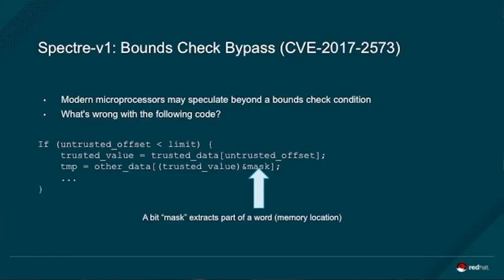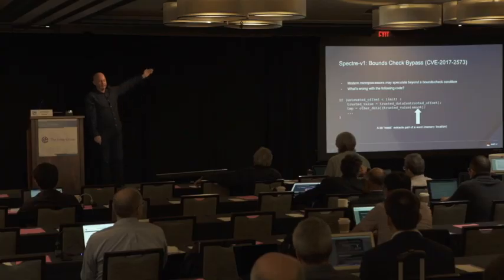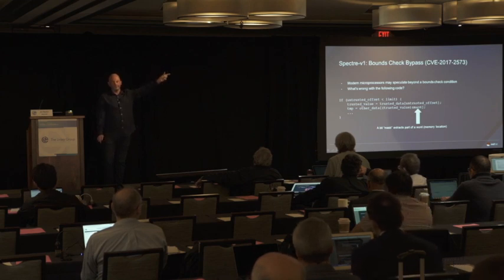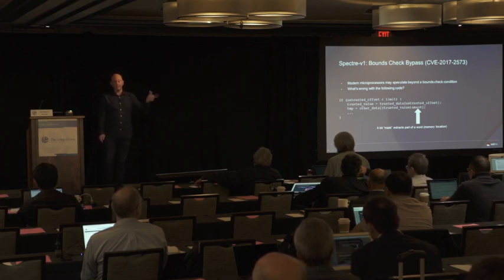So in Spectre v1, I have a branch condition: is this data that I'm reading within bounds? I have some data I'm going to process. I do a check to see whether the offset that I was given by some untrusted user is within bounds of, for example, an array containing some data that I want to read.